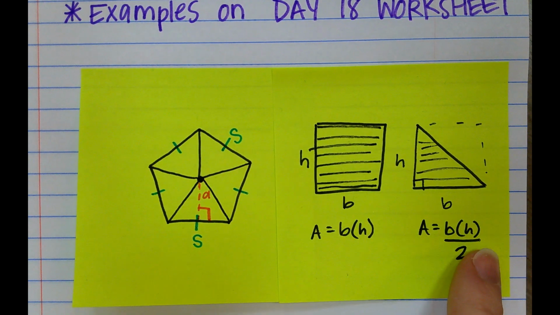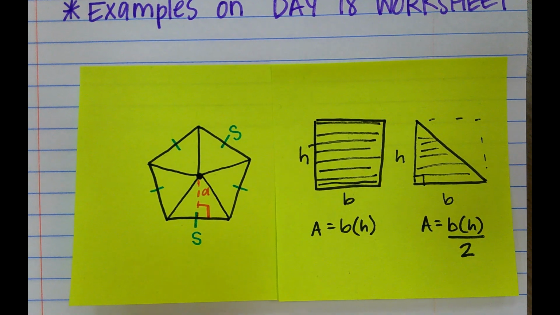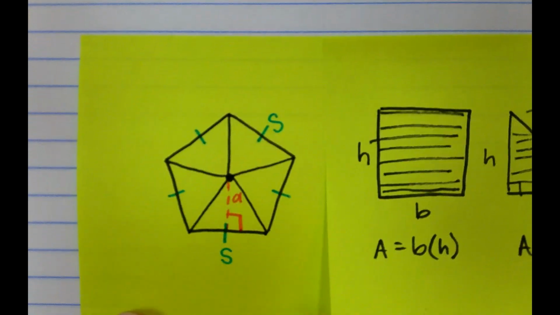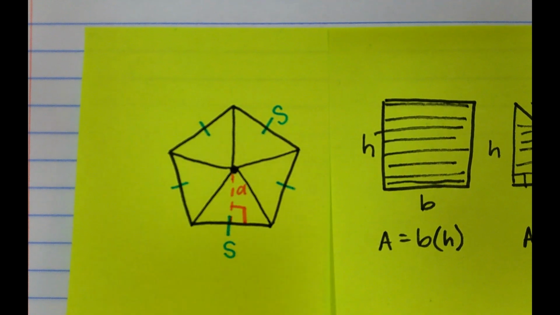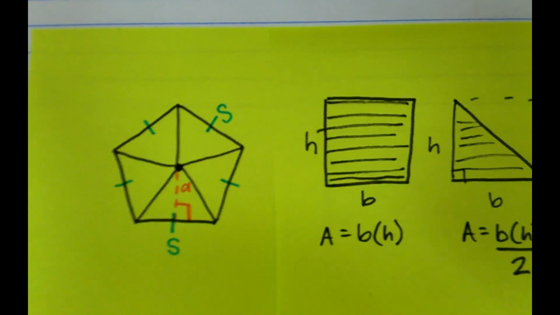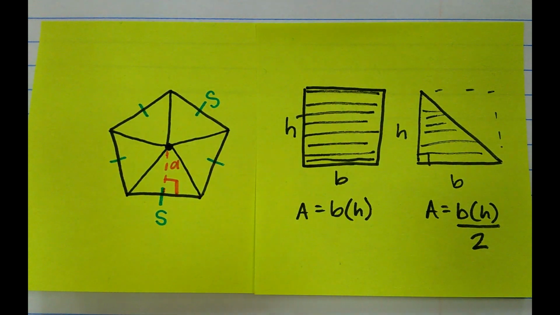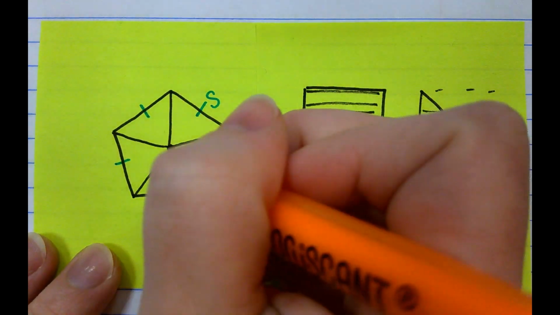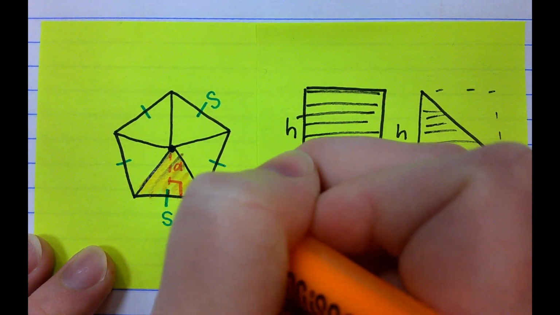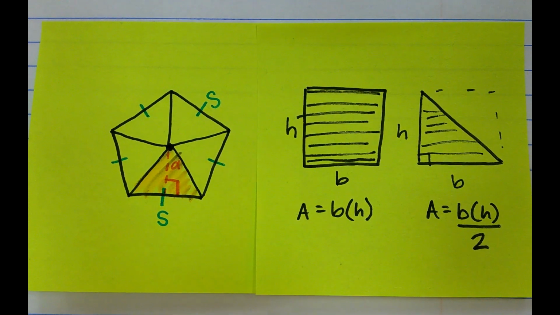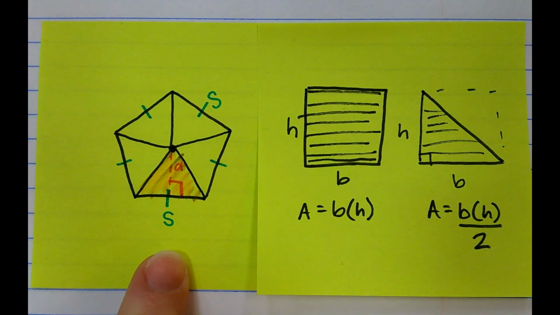We have a triangle formula, right? We have the base times height divided by 2. Now, if I'm focusing in on one triangle, the base of this one triangle would be S, my side length.